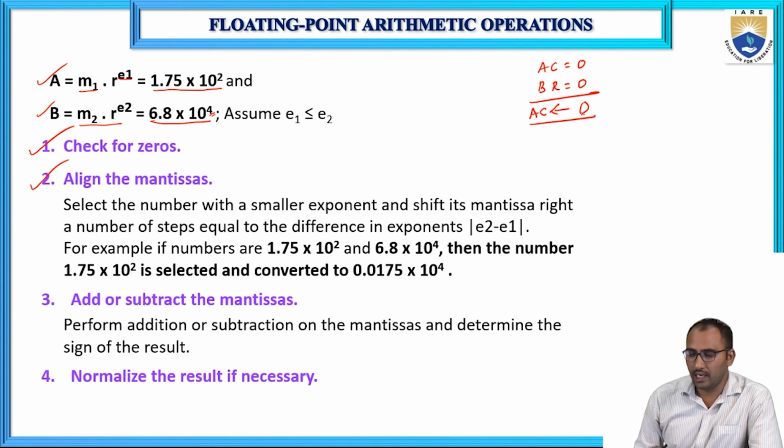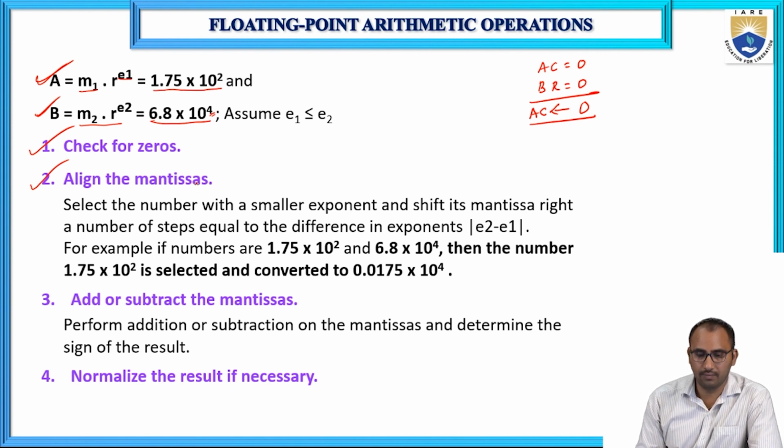But when any one of the registers has a finite value, then we have to align the mantissas. When both registers contain a finite value, like A equal to 1.75 into 10 power 2 and B equal to 6.8 into 10 to the power of 4, then we have to align the mantissa.